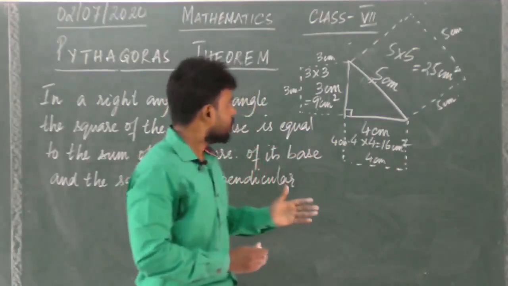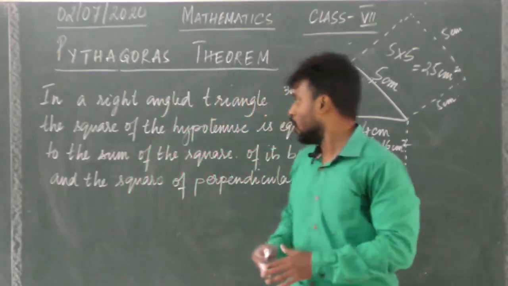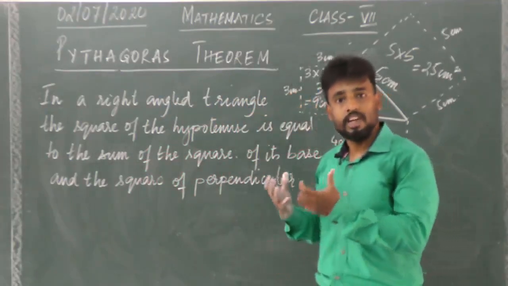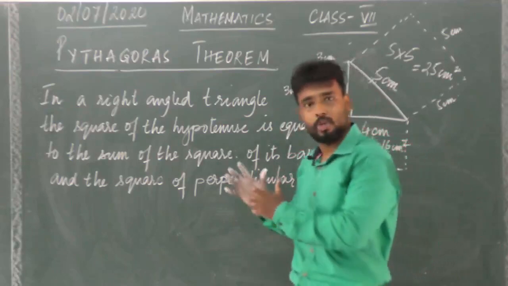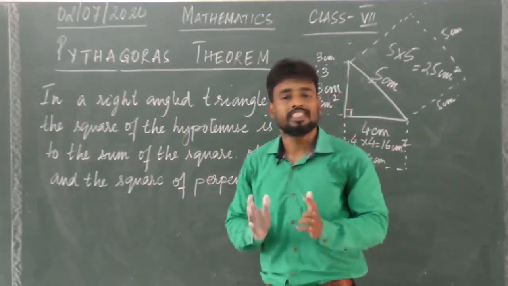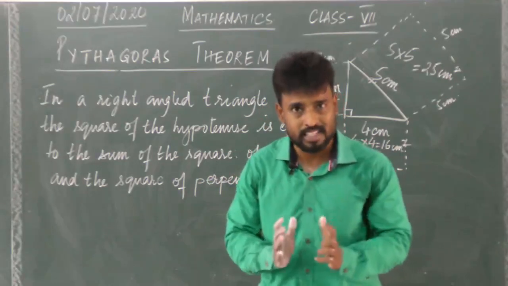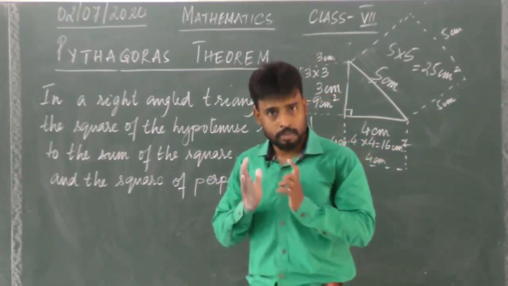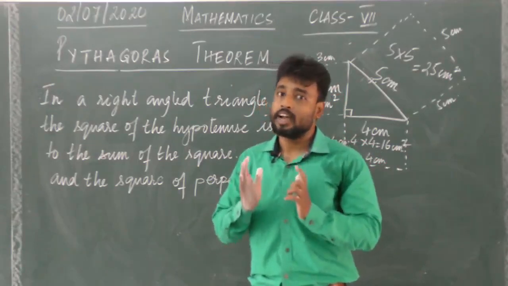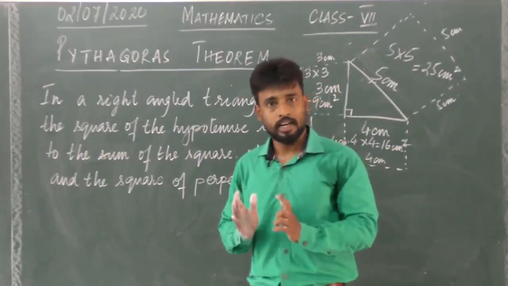Now the other way also, or vice versa, we can see that in a triangle, if the square of the hypotenuse is equal to the sum of the square of its base and the square of its perpendicular, then take it for granted that it is a right angled triangle. Is that clear?